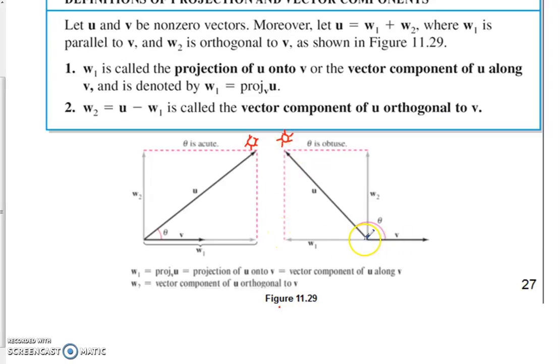So its shadow would be this vector right here. And really the sun could be up here, but we want it to go straight down here, making that 90-degree angle right here. Okay, so W1 plus W2 will add up again to this vector U. Alright, we're not talking about how to calculate it other than how to calculate W2 at this point in time. That comes in just a minute.